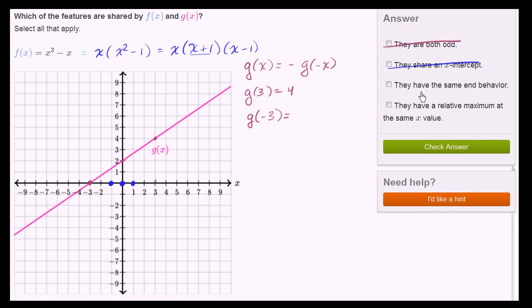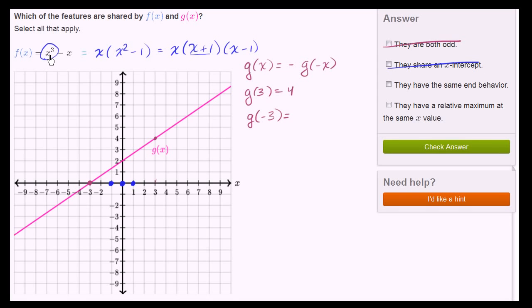They have the same end behavior. Now this is interesting. This is saying what's happening as x gets really large, or as x gets really small. So we could just think about it right over here. As x gets really large, this x to the third is going to grow much faster than this x term right over here.